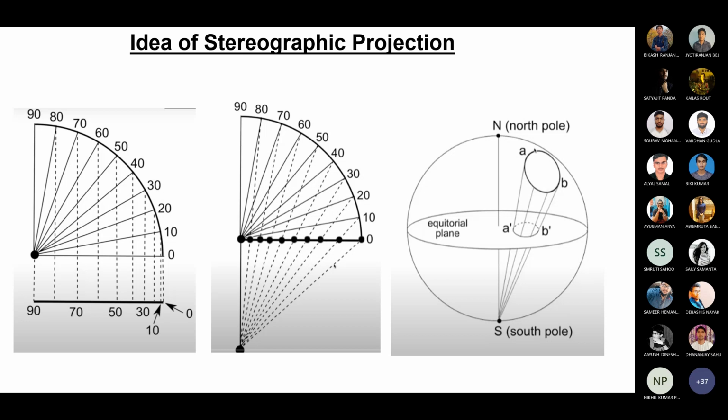In this way you can keep the angular truth without any deviation, which is really helpful for stereographic projection. That's why this method has been taken.